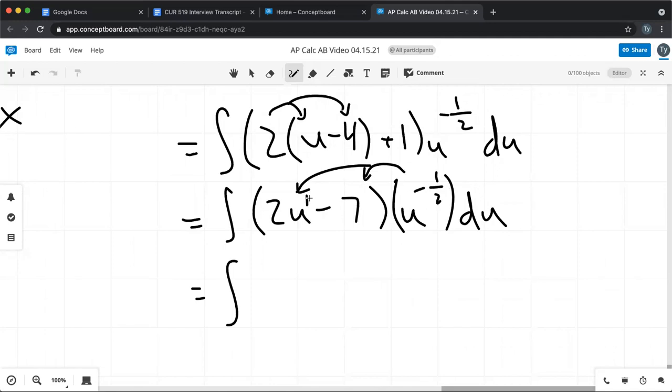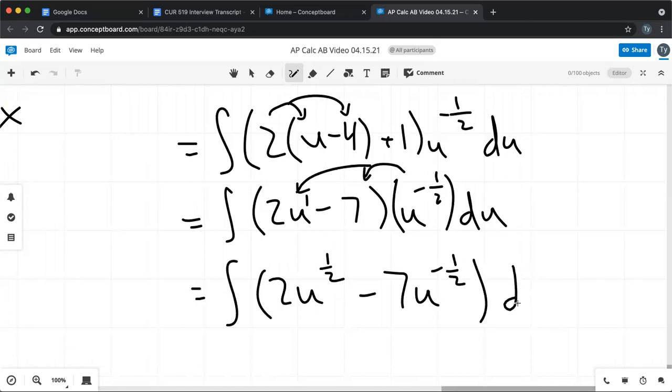So 2 times u to the negative half. Well, this is just u to the 1. So we add these two exponents, we get 1 minus a half. 2u to the positive half now, right? We just add the exponents. Negative 7 times u to the negative half is negative 7u to the negative half. And we have du.